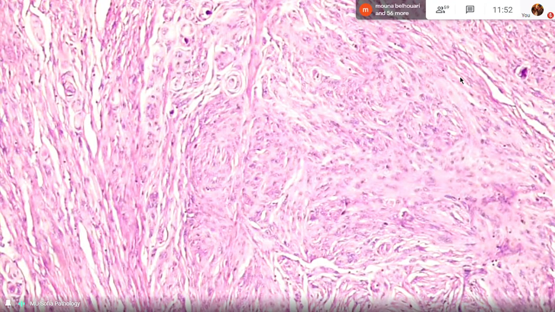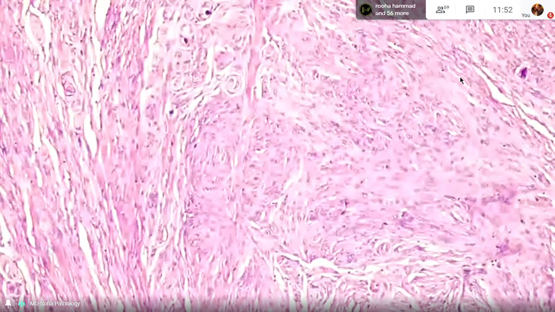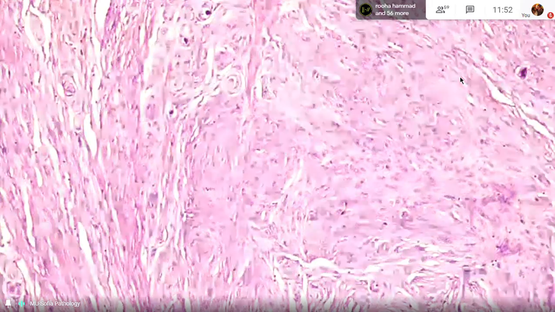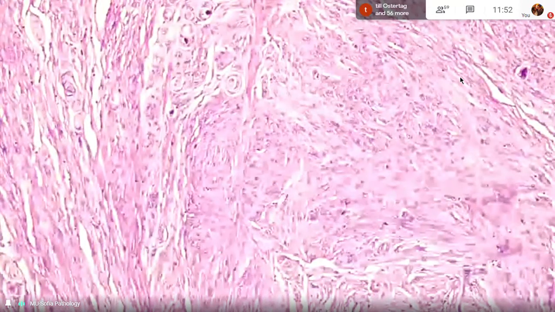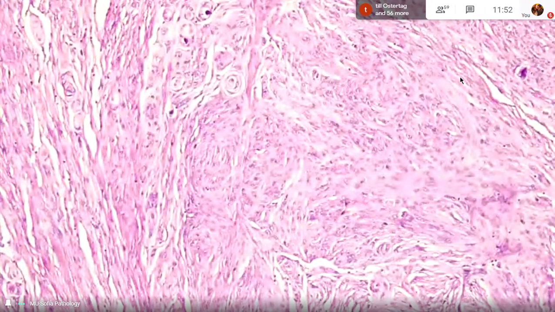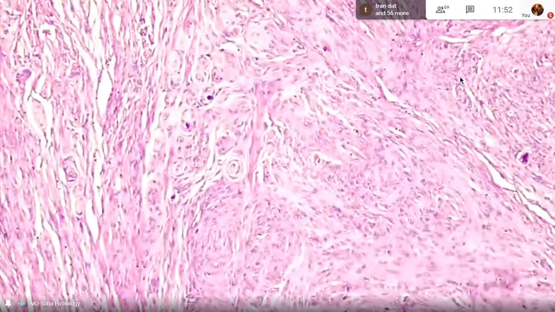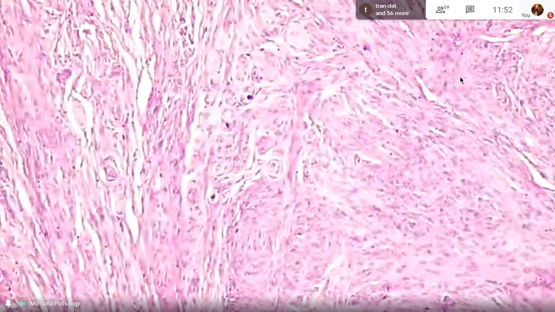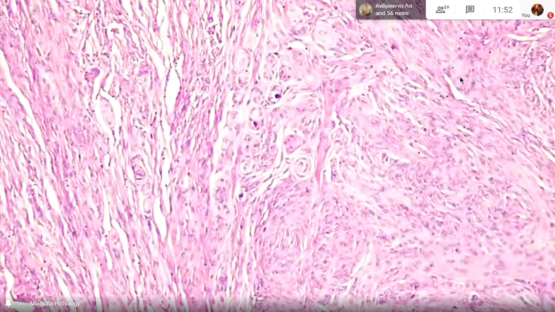Do you see them? They form whorls. And sometimes in the center of these whorls, you have calcium. Here there is a small area with a whorl.